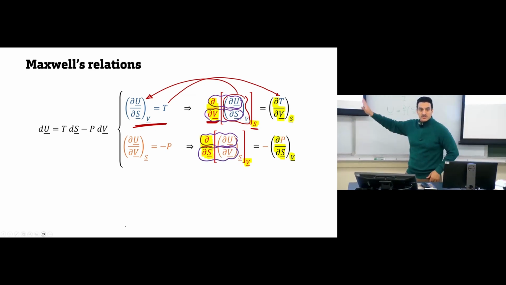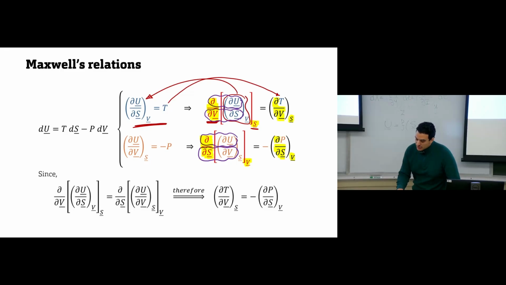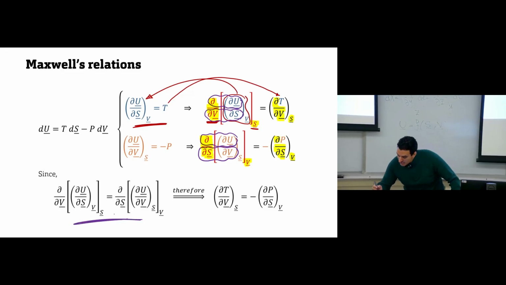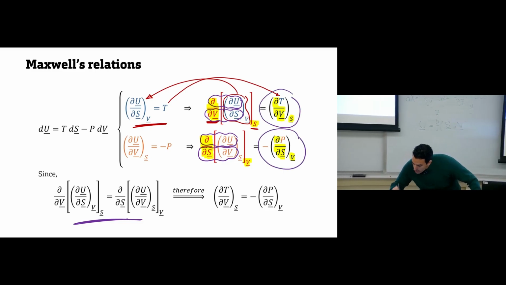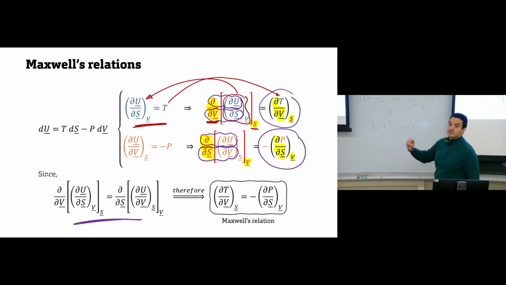And if you remember from basic calculus, this is the second derivative, and the second derivative will be the same regardless of the arrangement. Like d2U by dV dS is the same as d2U by dS dV. So since these are equal, the second derivative, then we can say this one or this group is equivalent to this one. This is what we are trying to do here. And this is the first Maxwell relation.